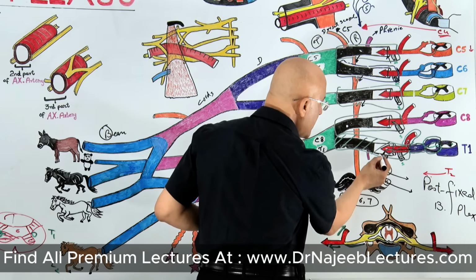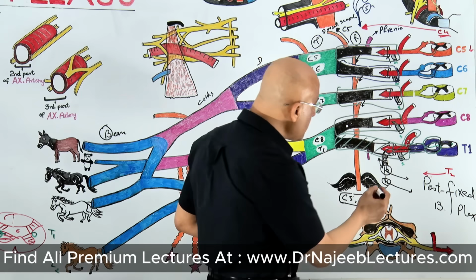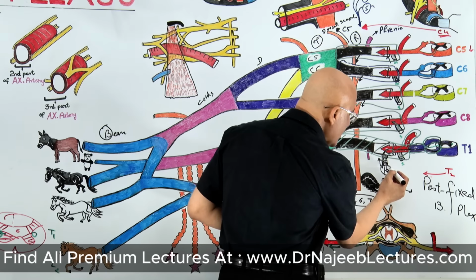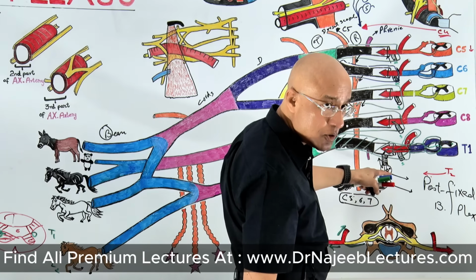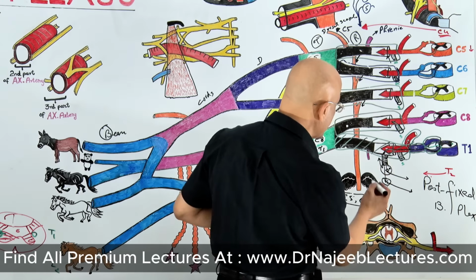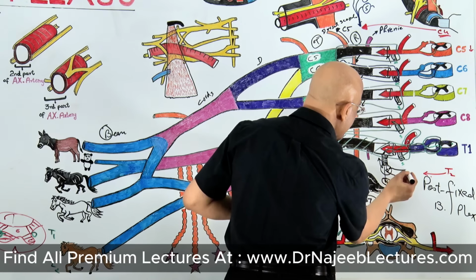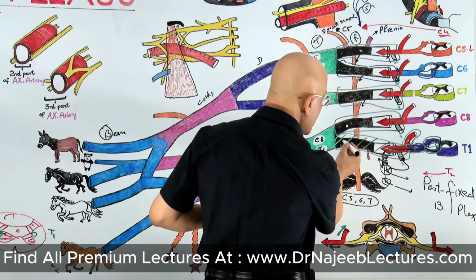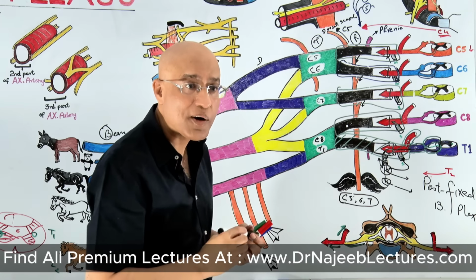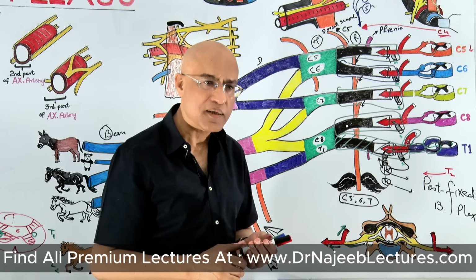Some go up and then go. But some of these postganglionic fibers, after the ganglion, the second neuron of the sympathetic nervous system, re-enter into where? Into the ventral ramus. What does it mean? Listen carefully.